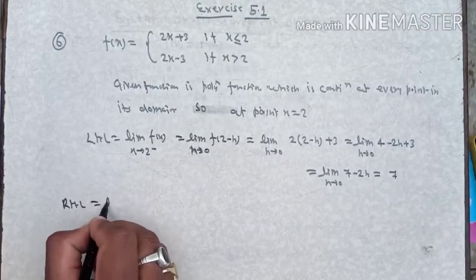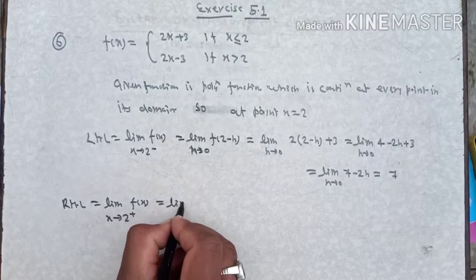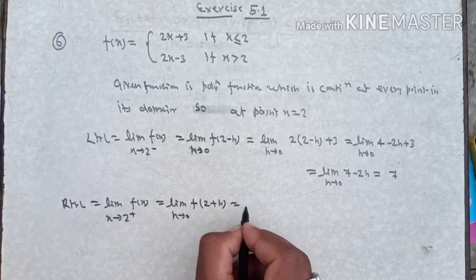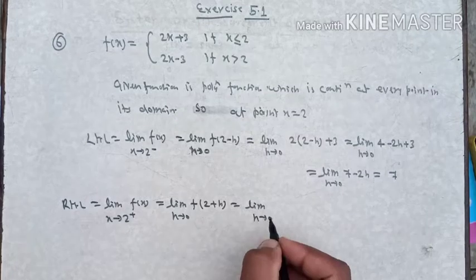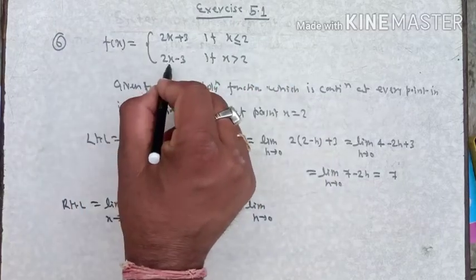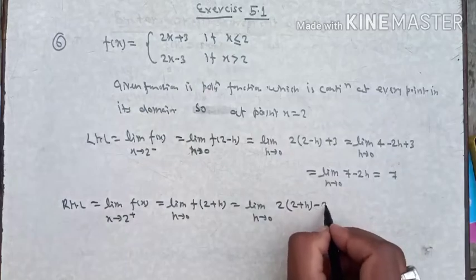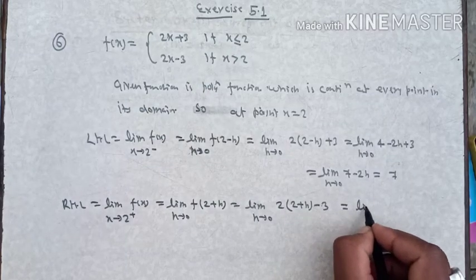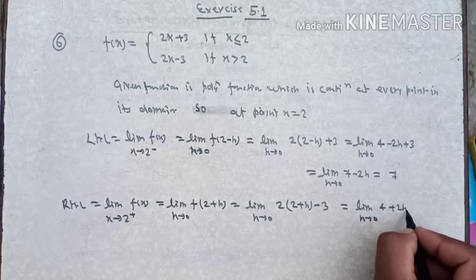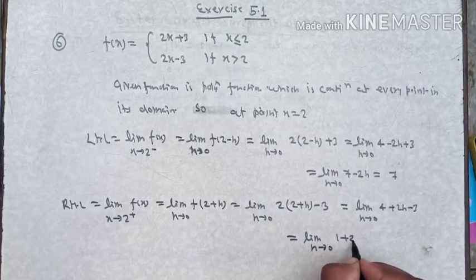Right hand limit of f(x) as x tends to 2 positive is equal to the limit as h tends to 0 of f(2 + h). 2 + h means greater than 2, so for x greater than 2, f(x) is equal to 2x − 3, so 2(2 + h) − 3 equals the limit as h tends to 0 of 4 + 2h − 3, which is the limit of 1 + 2h.